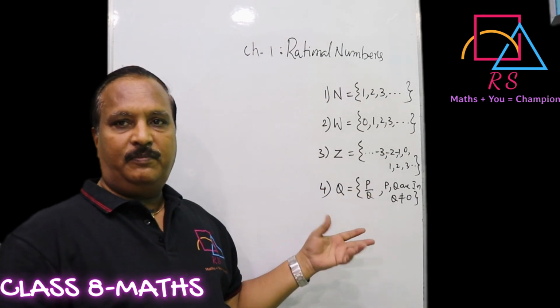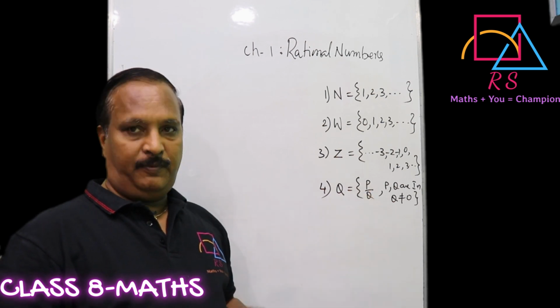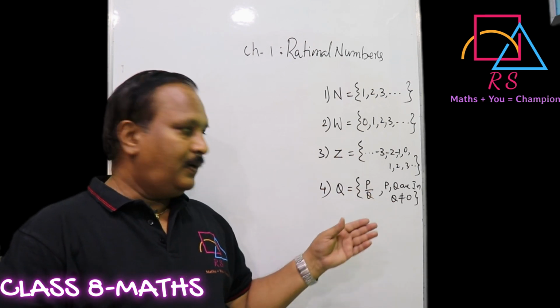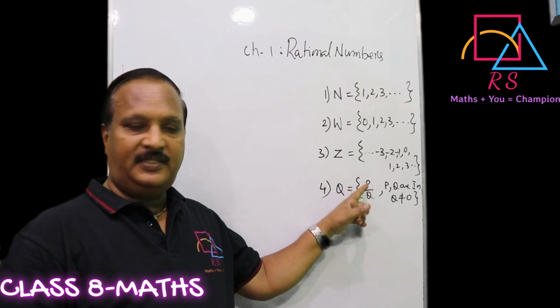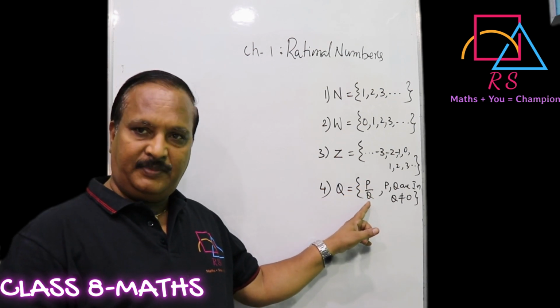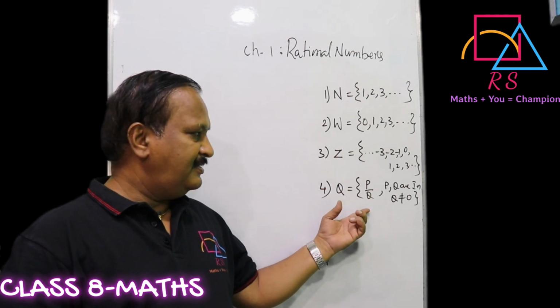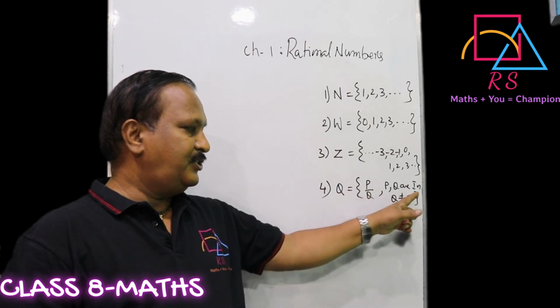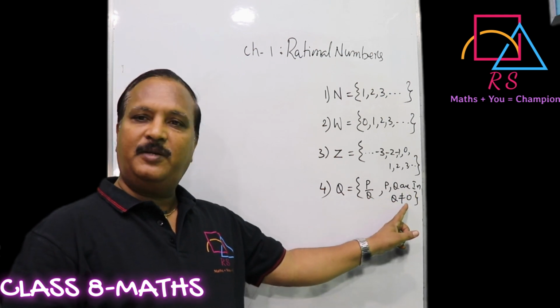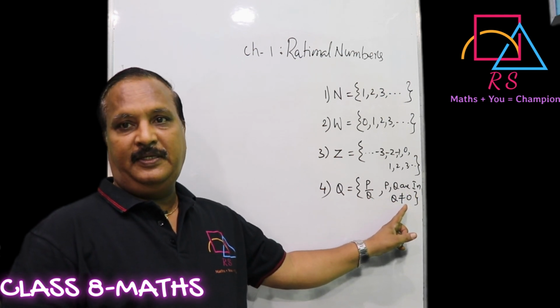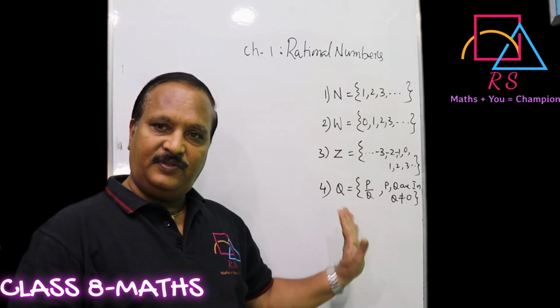Any number in the form of p by q, we call a rational number. p is known as the numerator, q is known as the denominator, so it is a fraction. The numerator and denominator should be integers, and the denominator should not be equal to 0. What happens if it is equal to 0?